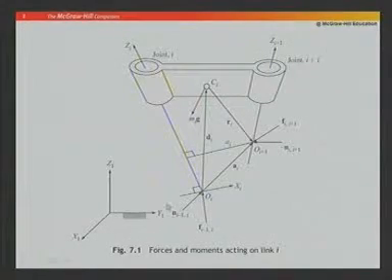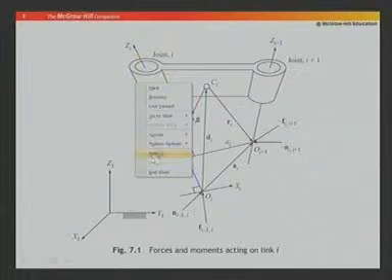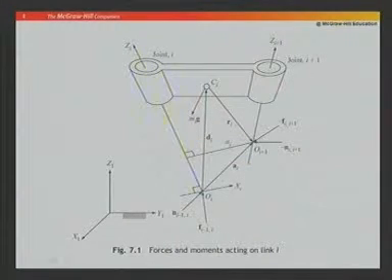Let me now show the figure again to show all those vector quantities. So, here you have f I minus 1 comma I, that means the force applied by the I minus first body to the ith body. This is the moment applied by the I minus first body to the ith body. This is the force applied by the I plus first body to the ith body.